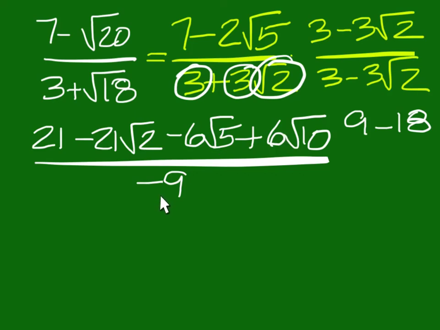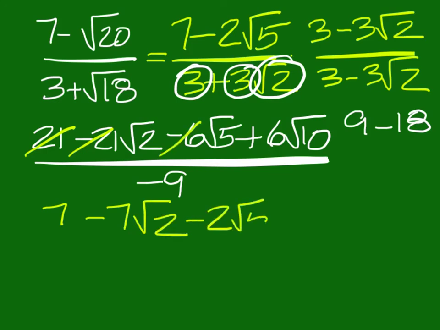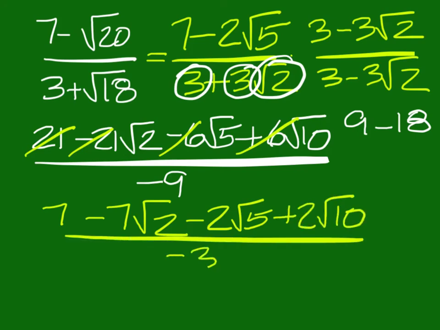What comes out of all of them? Negative 3. You can take out a 3. So if I divide all of these by 3, I'll get a 7 there. And then a minus 7 square root of 2. Minus 2 square root of 5 plus 2 square root of 10. On the bottom, I would get a negative 3.